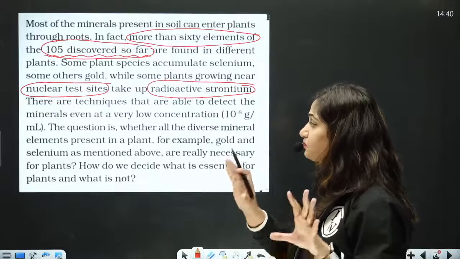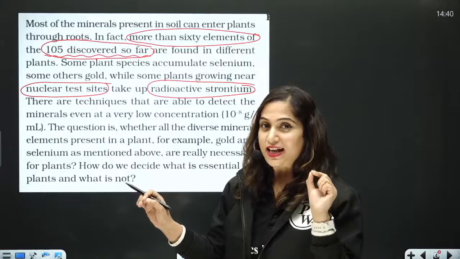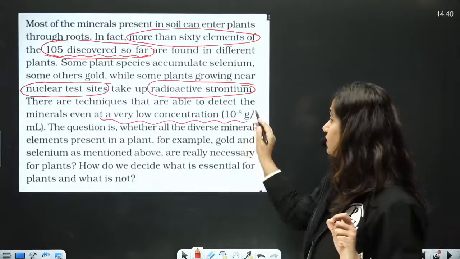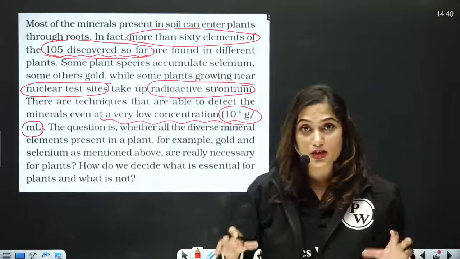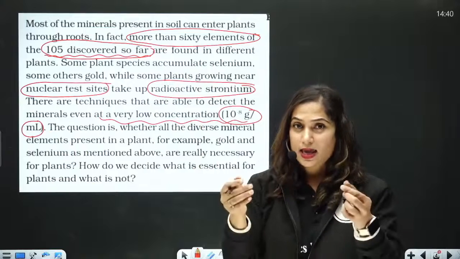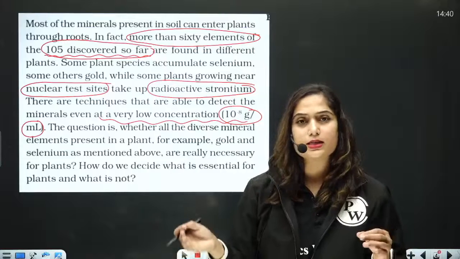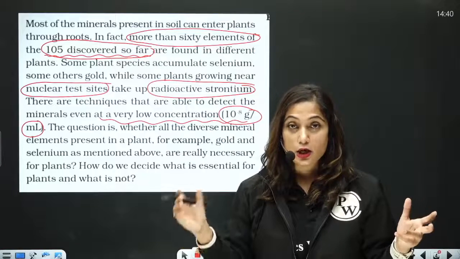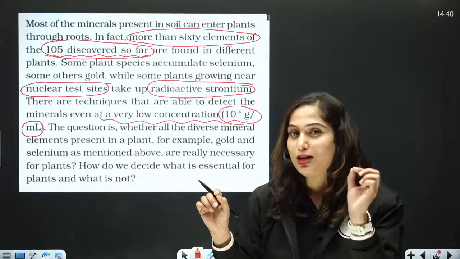It says that there are some techniques like hydroponics which can detect these mineral elements at a very low concentration, and that low concentration is 10 raised to the power minus 8 grams per ml of plant matter. Remember this, beta. These techniques make it easy to detect the presence of any mineral element inside the plant even at a very low concentration.